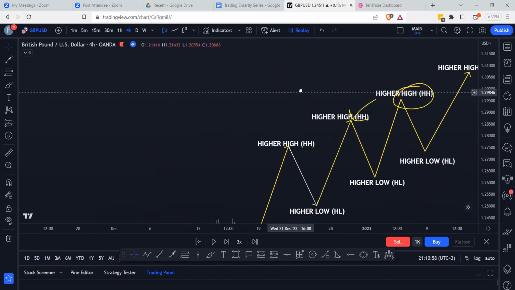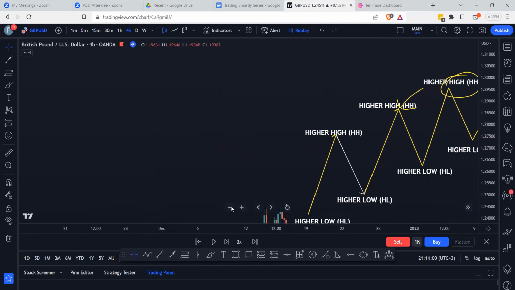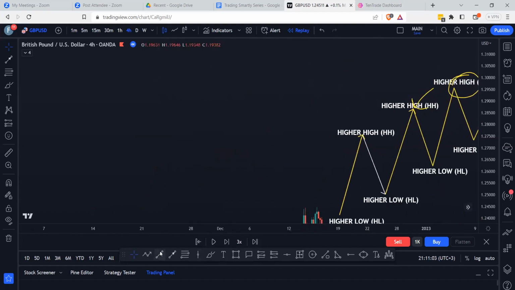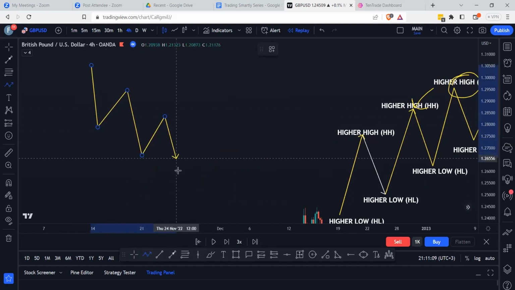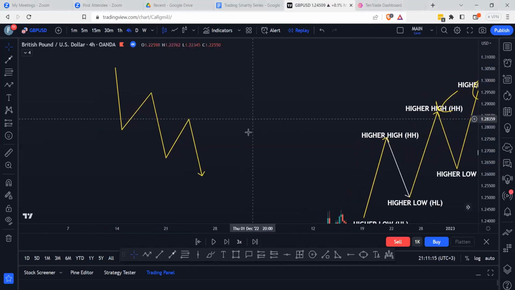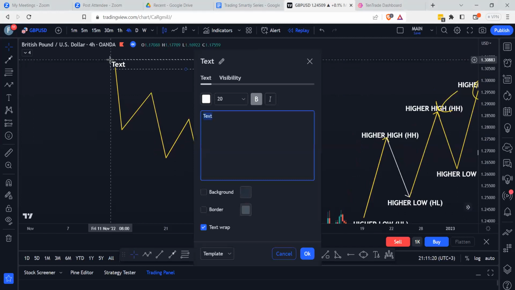Let's talk about downtrend. Downtrend, what do we have? We have something like this. Okay. Now, in a downtrend, this is your lower high, LH.